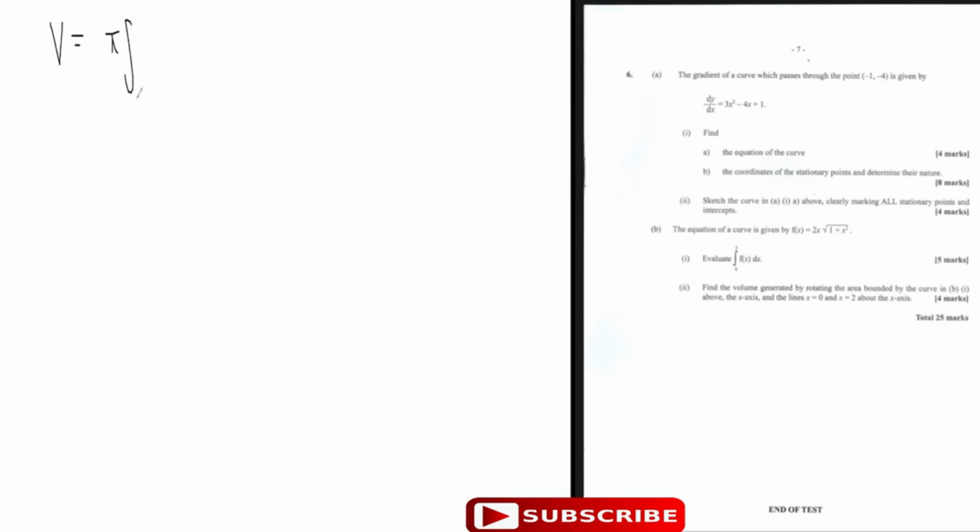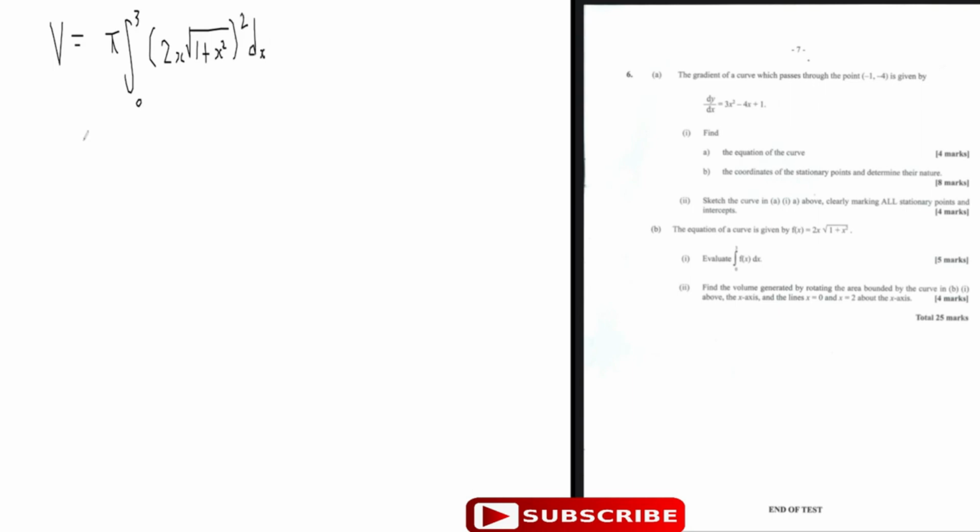So volume is going to be pi times the integral from 0 to 3 of 2x times the square root of 1 plus x squared, squared dx. That's going to be the volume.